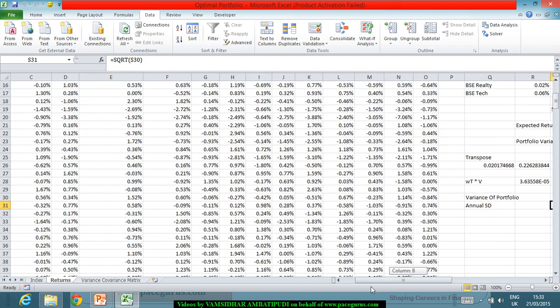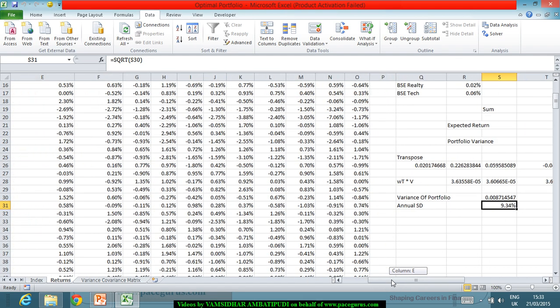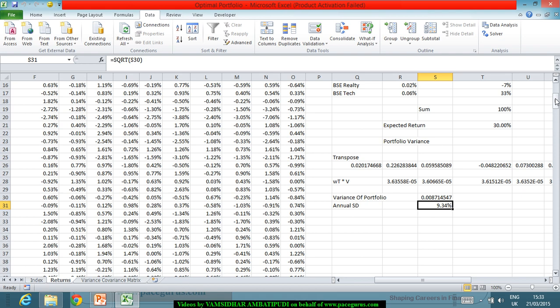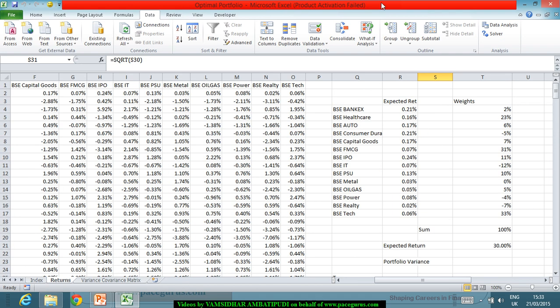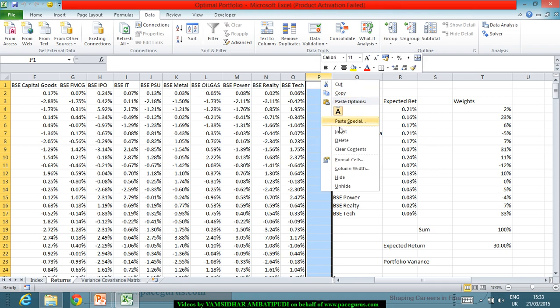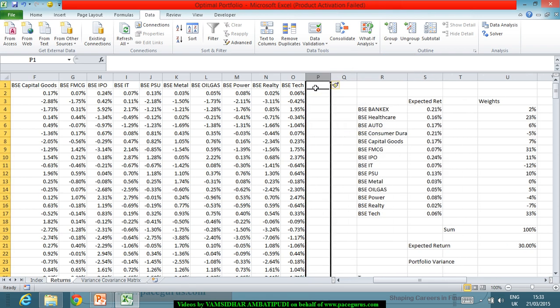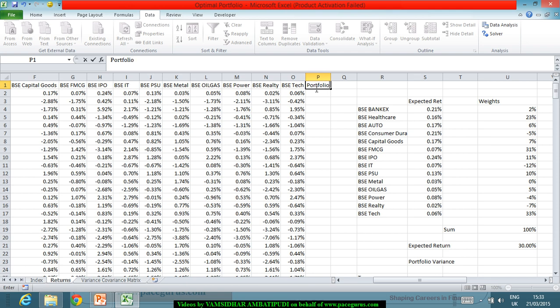Now, another simpler way to look at this whole story, rather than building this entire part, is I create one column called portfolio, wherein I am simply looking at the weights multiplied by the returns pairwise.